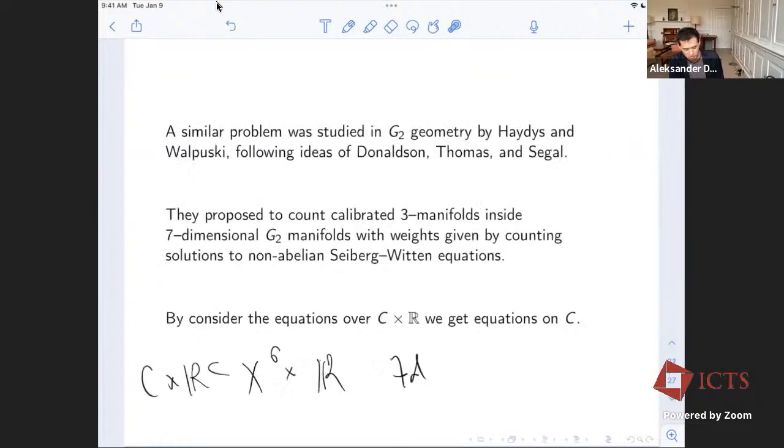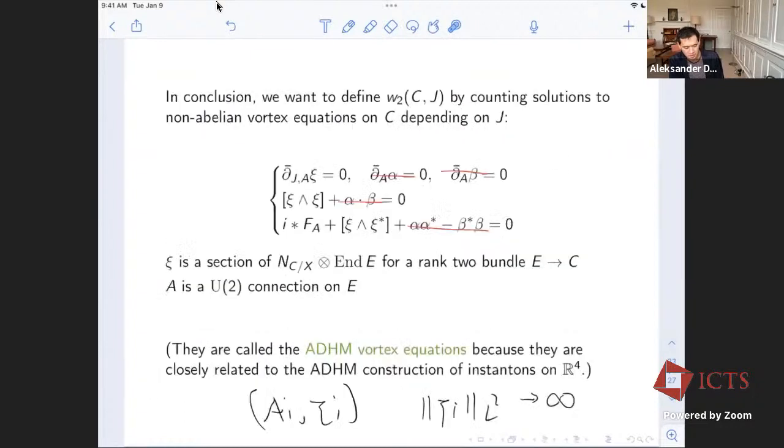So what we can do, we can look at these equations and rescale this section so that it has L2 norm 1. So I can look at psi hat, which is psi divided by the L2 norm of psi. And I call epsilon 1 over the L2 norm of psi.